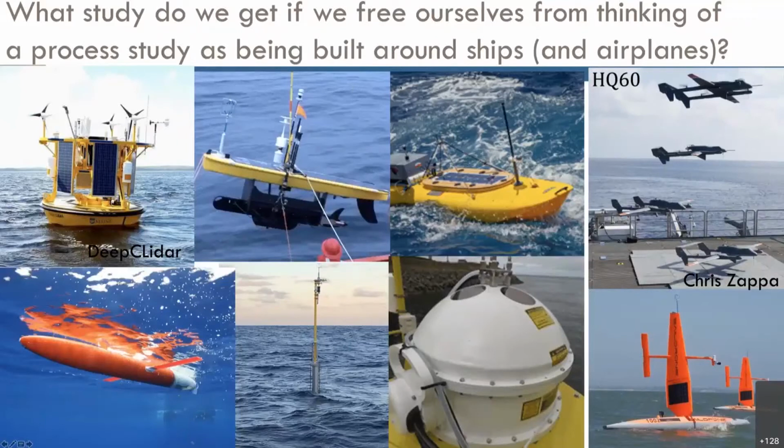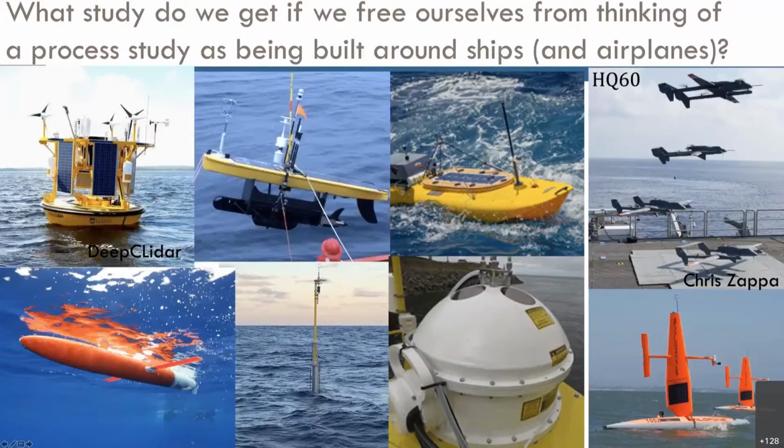What study do we get is my third question. If we free ourselves from thinking of a process study as being built around ships and airplanes, certainly since TOGA COARE there are many new types of measurements being made, and I'm really hopeful to hear much more about these. Even now we have LiDARs on buoys, wave gliders, sail drones, and gliders within the ocean.